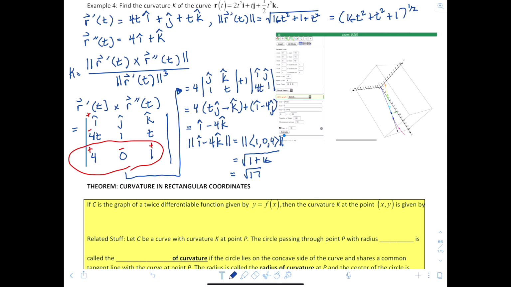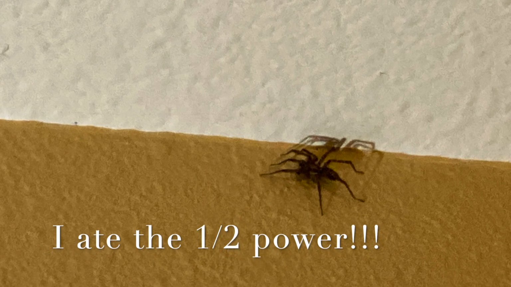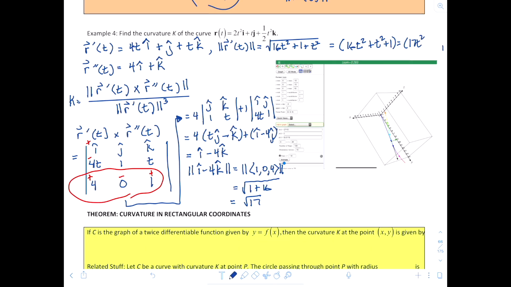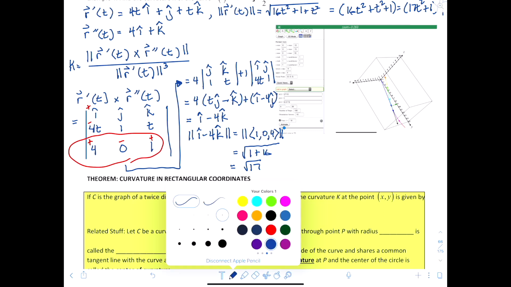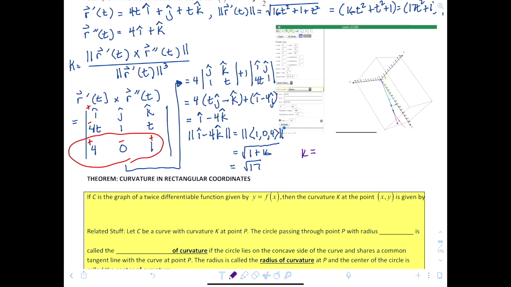Now, oh look, I forgot to simplify this one up here. We've got like terms of the t squared: 17t squared plus 1 raised to the 1/2. All right, so now here we go. k will be equal to, so the numerator is going to be the square root of 17, the magnitude of r prime at t cross r double prime at t, over the magnitude of r prime at t raised to the 3rd power.